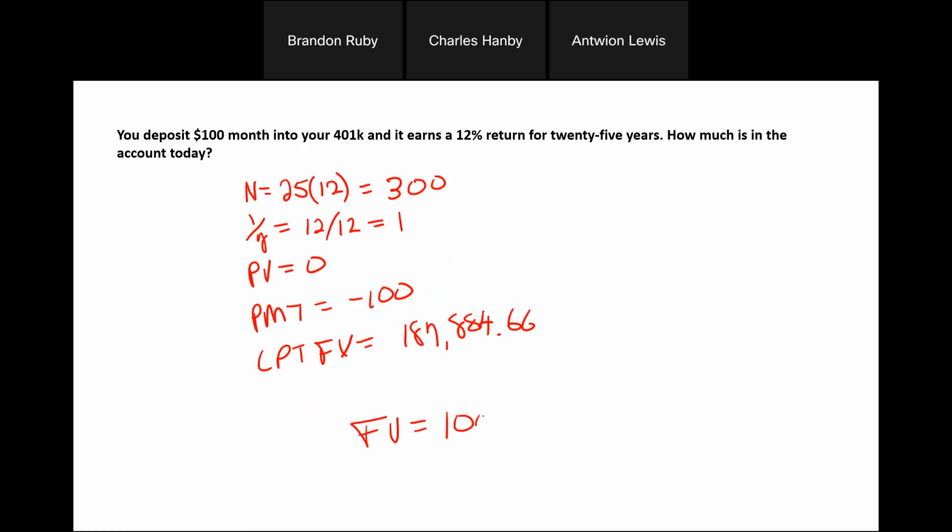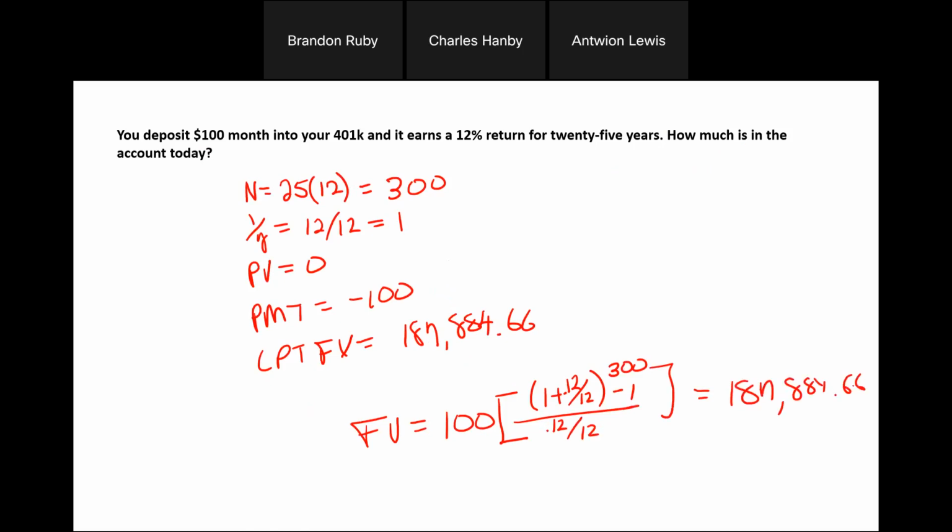So it would be 100 times 1 plus the rate, 0.12 divided by 12, to the 300th power, minus 1, and then divided by 0.12 divided by 12. Sorry, I left out part of it. So again, that would be $187,884.66.